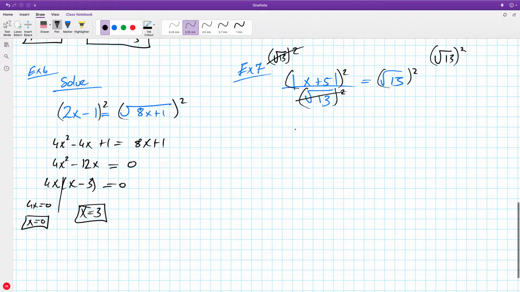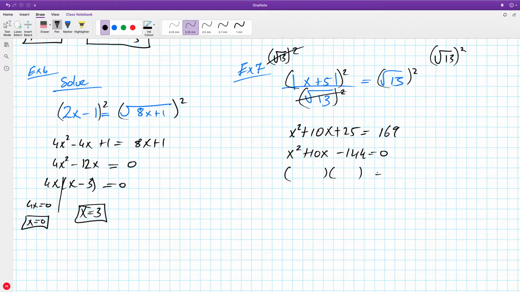Square the top: x squared plus twice the first by the second, 10x, plus 25 is equal to root 13 squared by root 13 squared, which is just 13 by 13, which is 169, yeah? That's x squared plus 10x, 169 minus 169 plus 25, minus 144 is equal to 0.